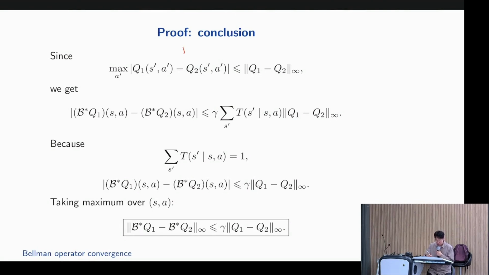So here is absolute value difference of Q1 and Q2 for some fixed state S prime, where the maximum is taken with respect to A prime. So this is now upper bounded by the L infinity norm between Q1 and Q2.